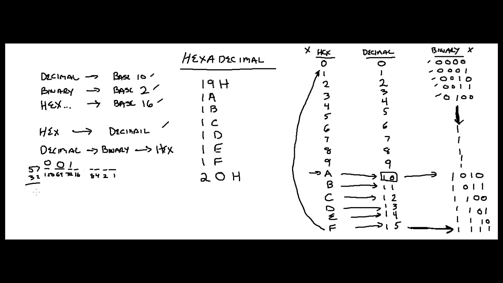If we subtract it, we have 25. We know 16 will go into 25. That leaves a 9. 8 will go into 9, right? Leaves 1. Well, 4 can't go into 1. 2 can't go into 1. 1 will go into 1, right?